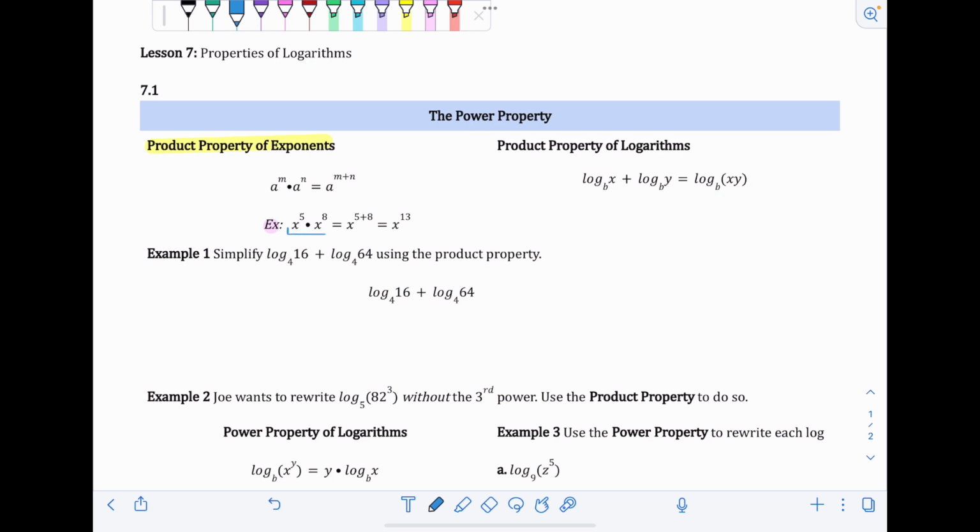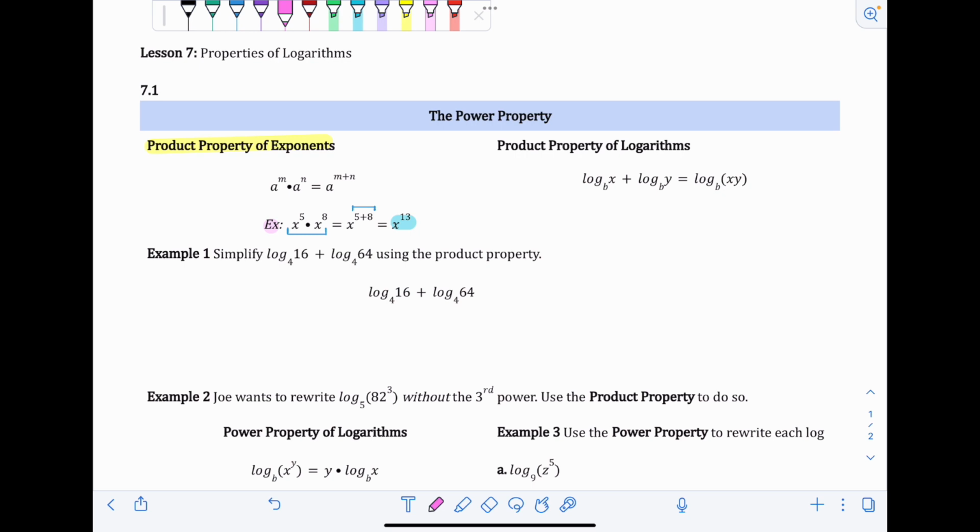If I wanted to simplify that, I could just add the two exponents, x raised to the 5 plus 8, and that would simplify down to x to the 13th power. So anytime you have multiple powers being multiplied together, you can condense it down into just one power, one base, by adding the exponents.